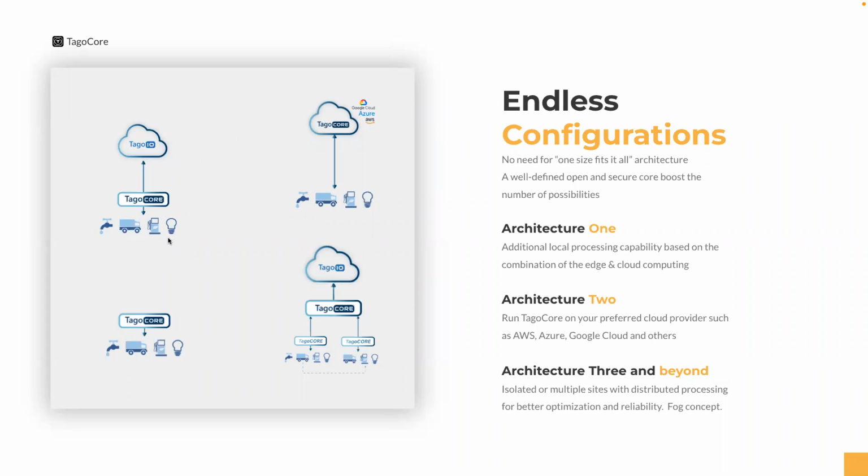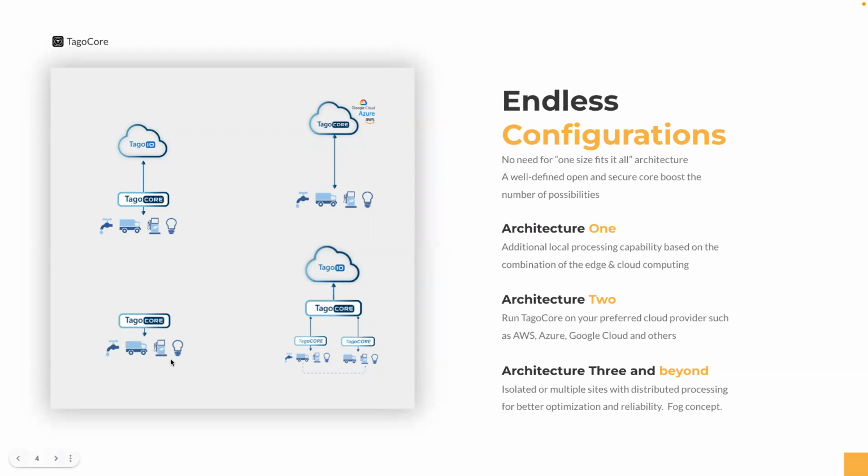You have your edge devices sending data to TagoCore, and TagoCore can also send data to them if you configure it properly. This is the most basic scenario, TagoCore sending and receiving data from your edge devices. In this specific scenario, TagoCore is not on the cloud, so we're not going to be focusing on this architecture now.